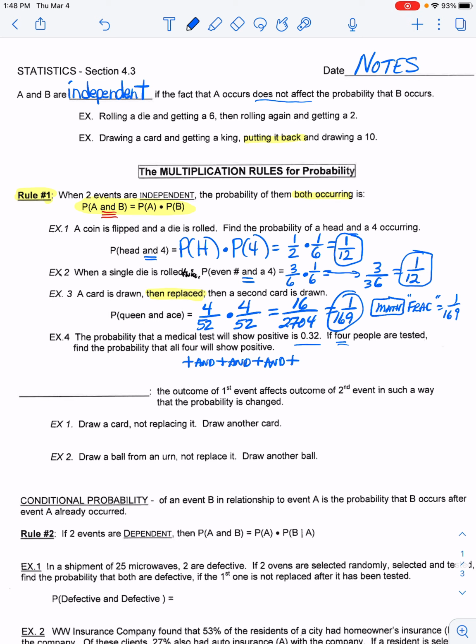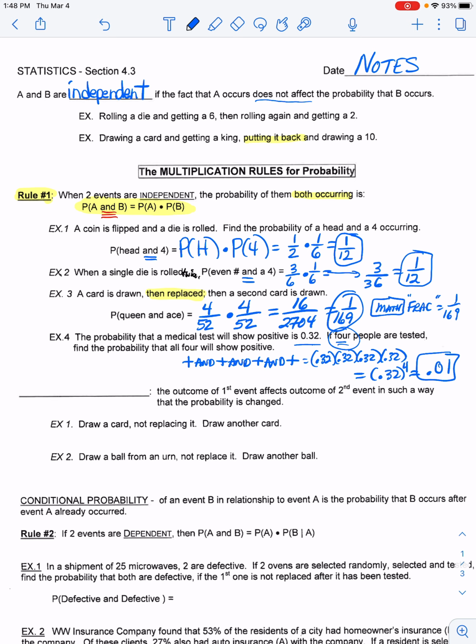So if I've got 0.32 as my chance of positive, I'm going to just multiply that 4 times. Some people like to use an exponent, and that would be absolutely fine. Your answer comes out to be 0.01, and you're good to go. Actually, I would use the exponent because you've got 0.32 to the fourth, and you've got it.